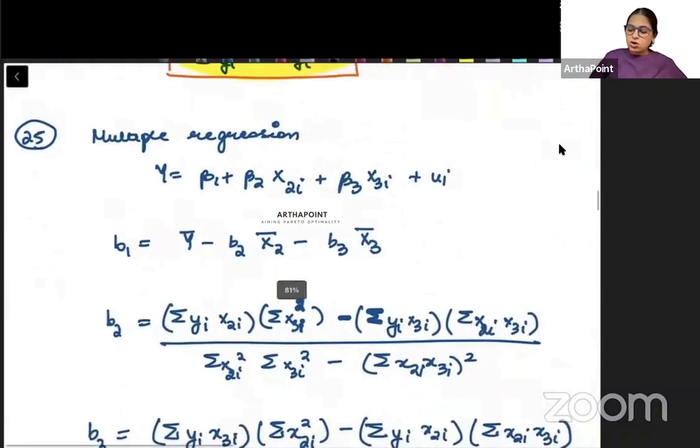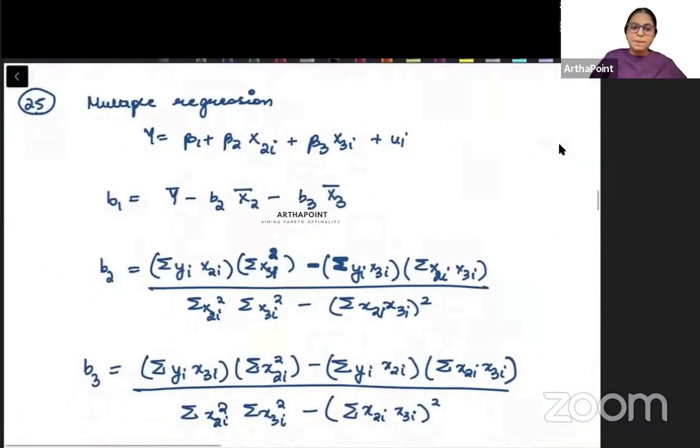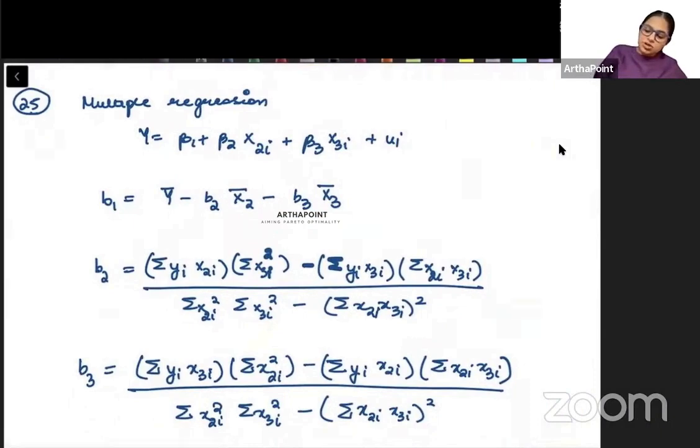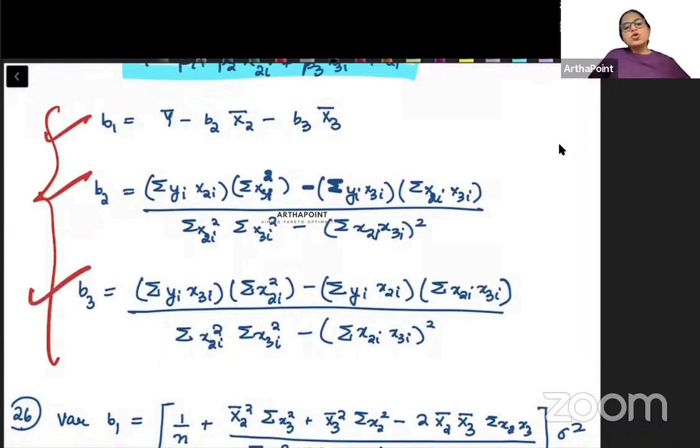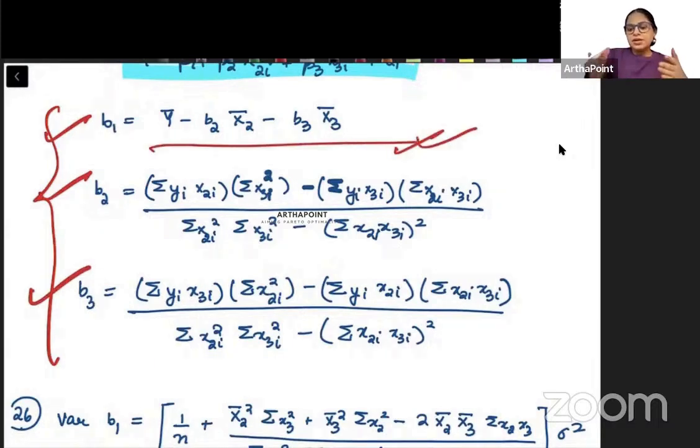Okay, now let's talk about the multiple regression model. So if you have a multiple regression model which looks like this, right? So these are the formulas for B1, B2 and B3. You just have to remember the formula for B2. B1 is easy. It's just y bar minus B2 x2 bar minus B3 x3 bar.